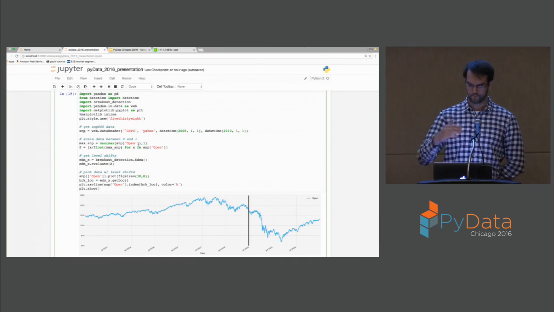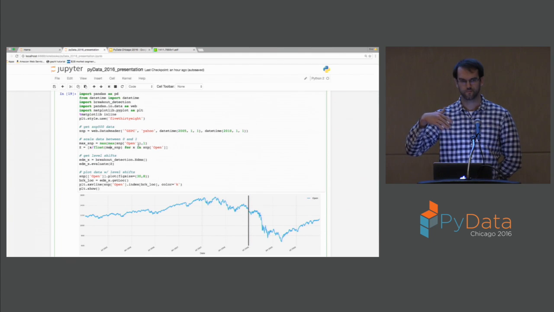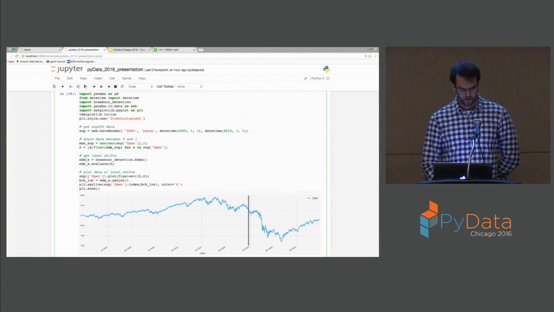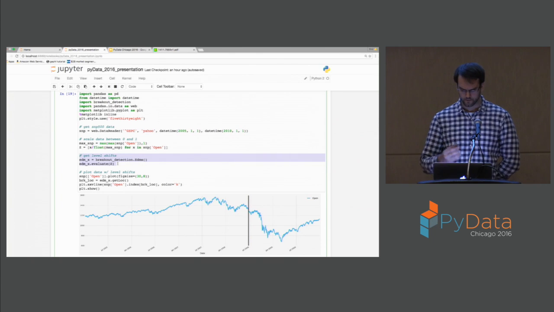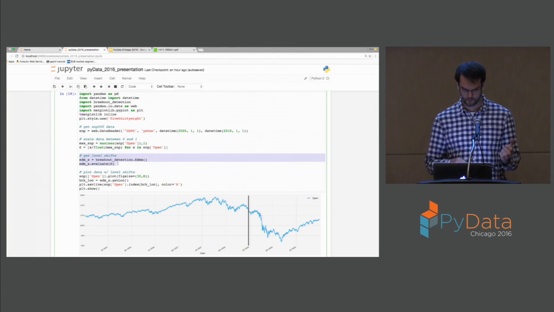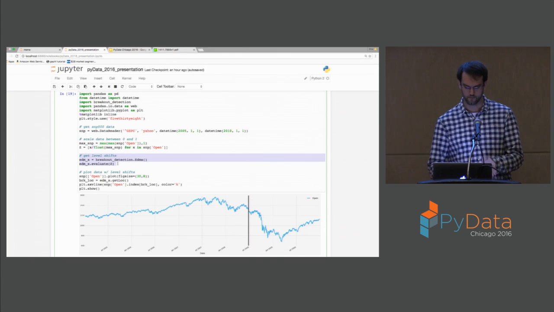If the highest value of my data is less than 1, I don't want to bother scaling. And here's how I use the package. It's kind of like calling fit in scikit-learn. Breakout detection is kind of an empty object, and you call it here.